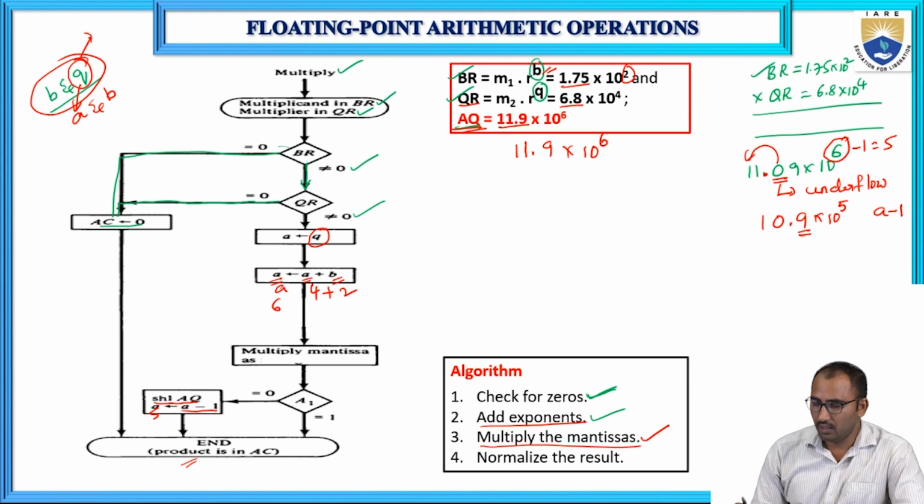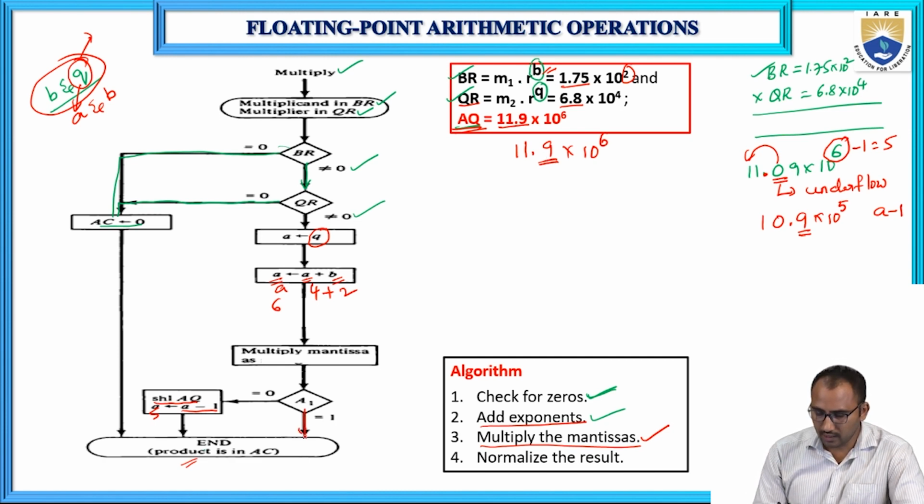Suppose A1 is equal to 1, then we can end it. Suppose A1 is equal to 0, then we perform a shift left operation, then we decrement the exponent, and then the operation will end. Here it is a non-zero value, so no underflow has occurred.